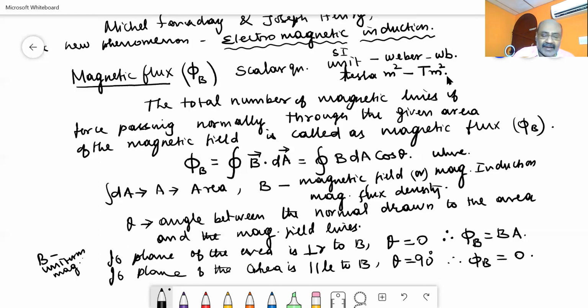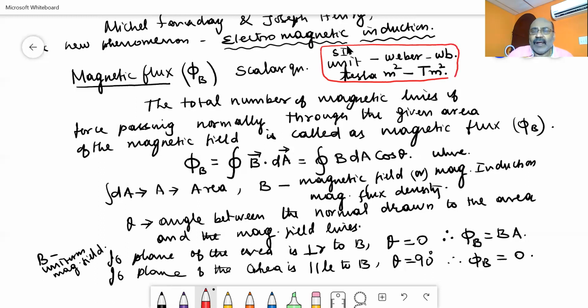If that is the case, what is the unit? Initially, I have written the SI unit is Weber, or we can say Tesla meter square. You know why we are saying Tesla meter square, not Tesla per meter square? Why?